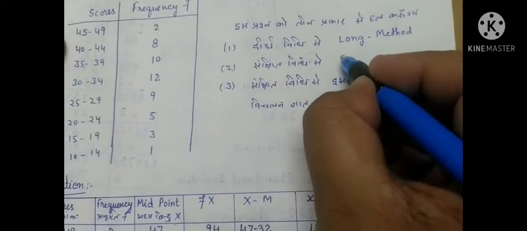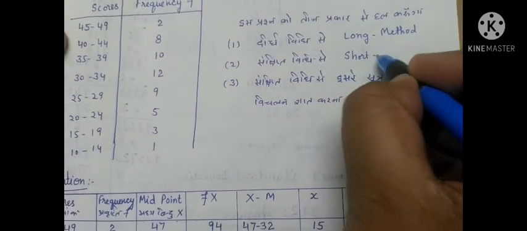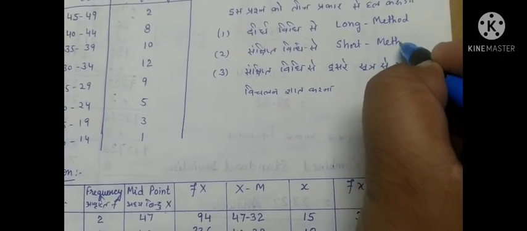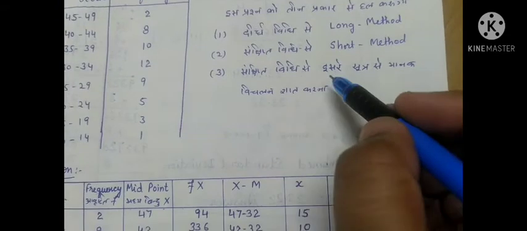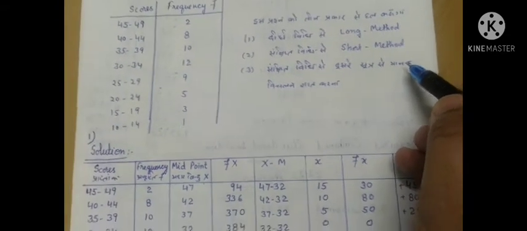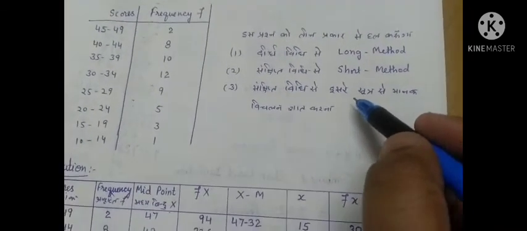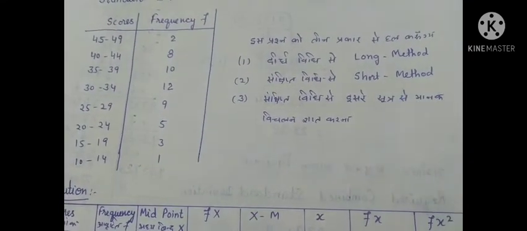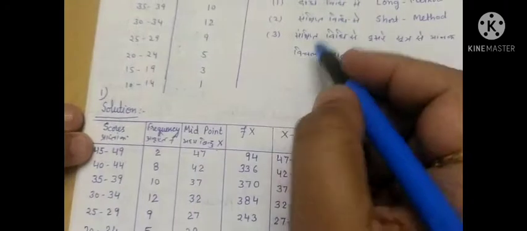Second is with short method, and third is, again the method is known as short method, but the formula used is different. So I will discuss later on, and we will solve this problem by three ways. So first is through long method.